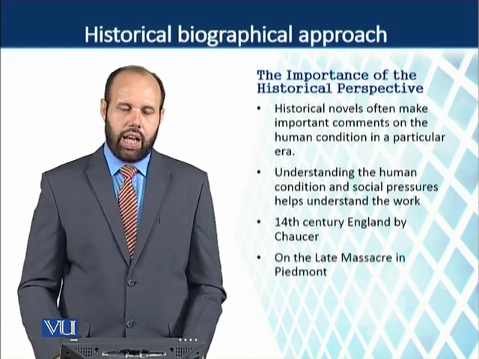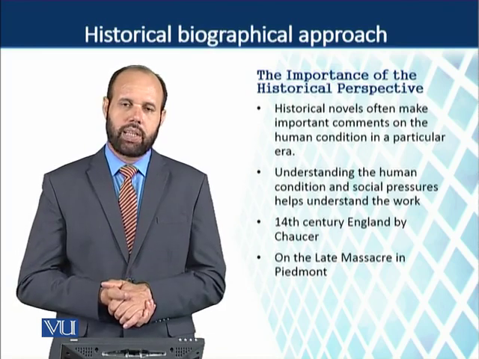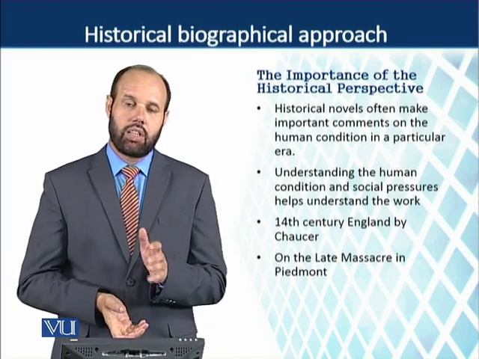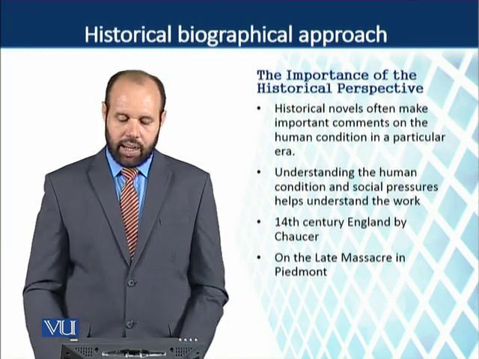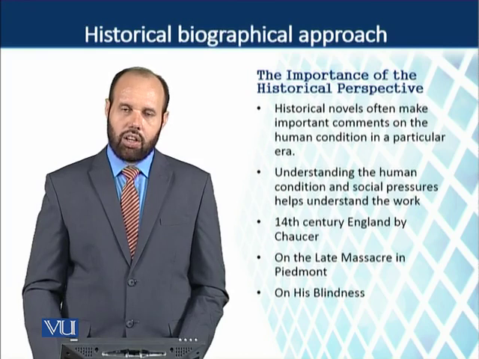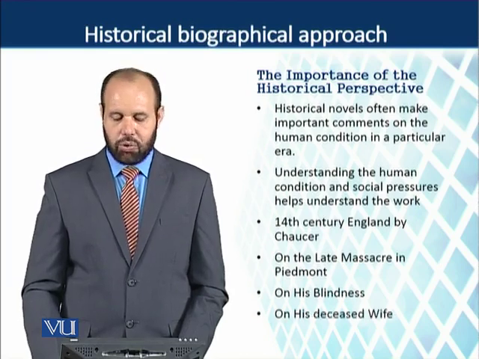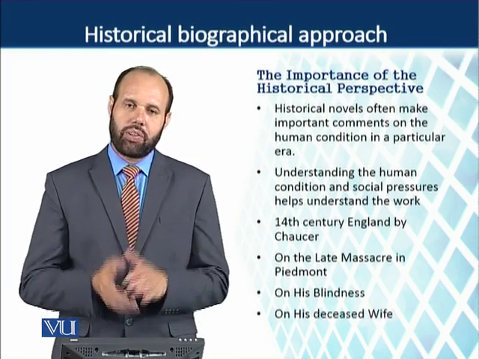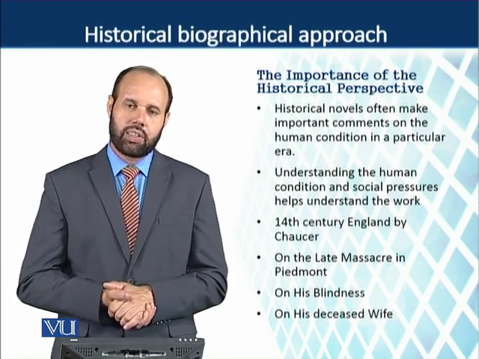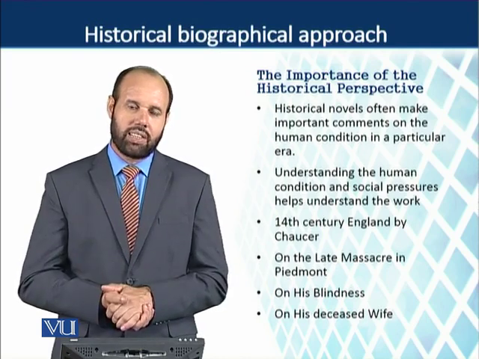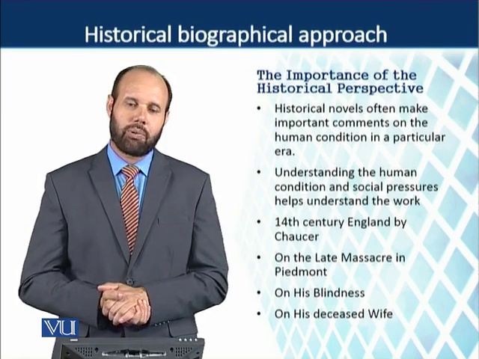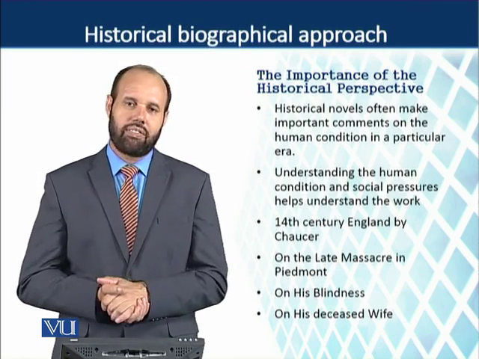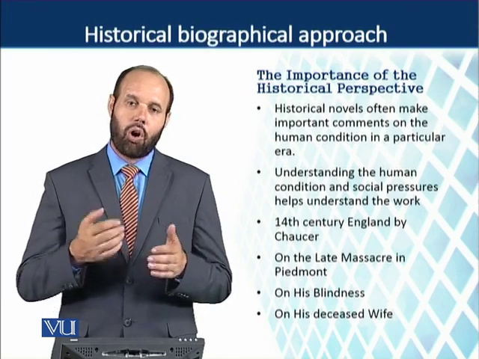And some good examples could also be explored when you are reading John Milton, and particularly his odes like On the Late Massacre in Piedmont, and then On His Blindness, and of course the one on his deceased wife. When you are writing about these odes, and you know about the personal life, the social life, and the political life of John Milton, then you would be better able to provide an evaluation of these poems, these odes, right?